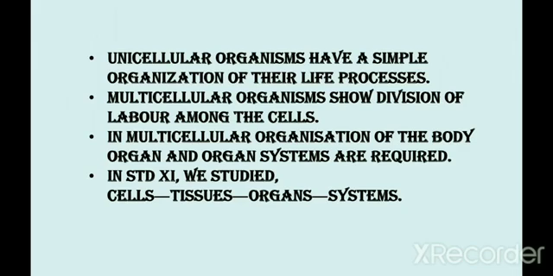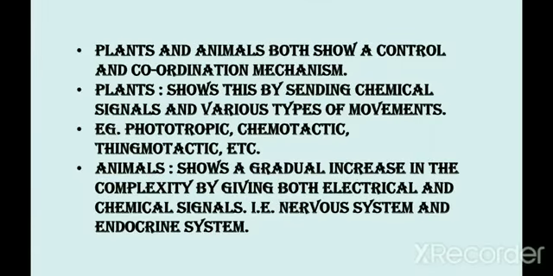Both plants and animals show this, and they also show control and coordination mechanisms. Plants show this mechanism by sending chemical signals and various types of movements, for example, phototropic movement, chemotactic movement, etc. Animals show a gradual increase in complexity by giving both electrical and chemical signals, that is, by the nervous system and endocrine system.